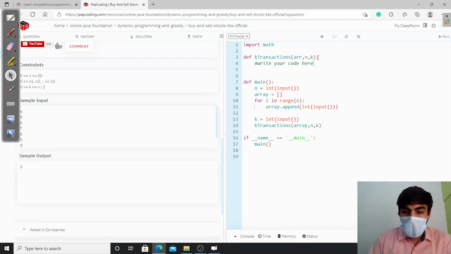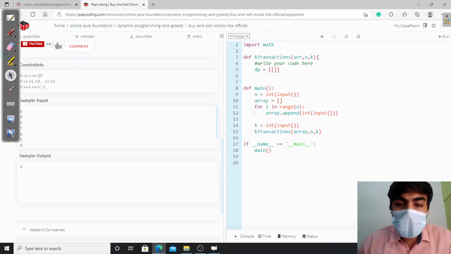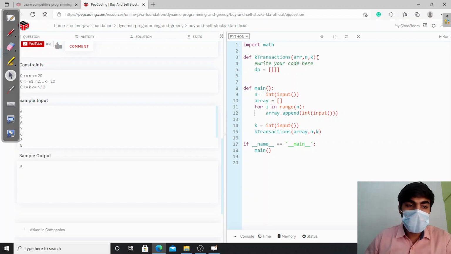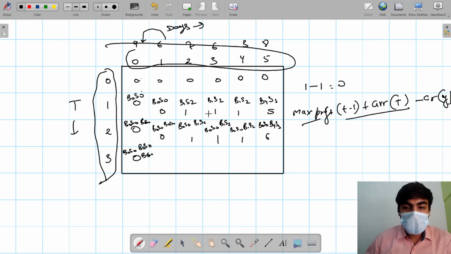Firstly, I am creating a dp, a 2D array, because we have two dimensions, this and this one.